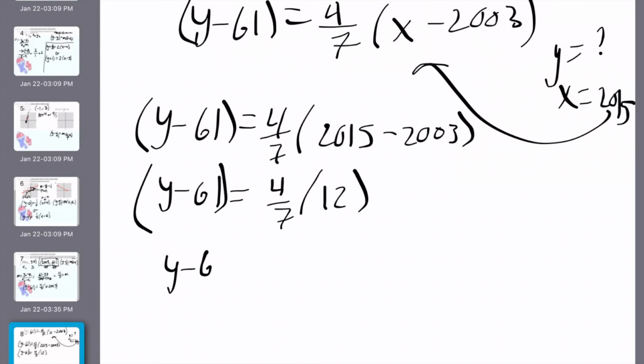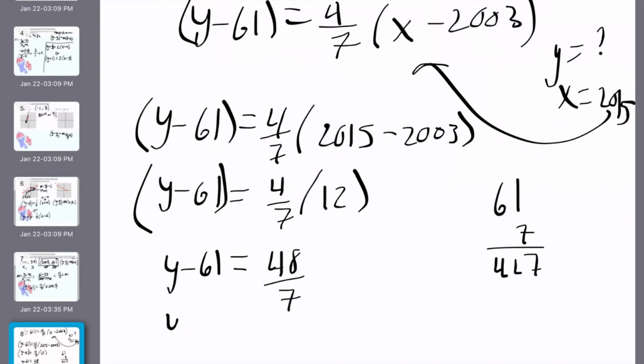So we have y minus 61 equals 4 times 12 is 48 over 7. And now what I need to do is change my 61 so that it has a denominator of 7. So 61 times 7, 427. So this is y minus 427 over 7 equals 48 over 7.